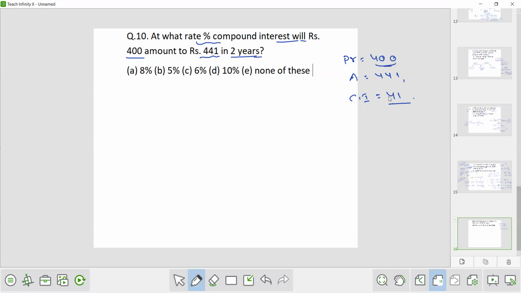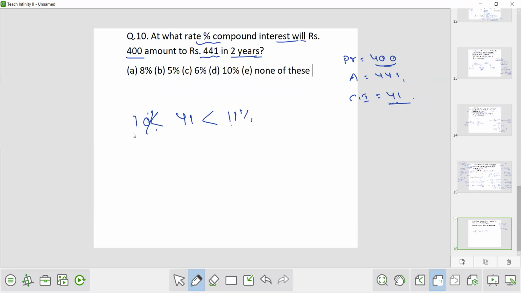If it would be 40, then it would be 10%, but this is 41, so this is greater than 10%. And if it would be 44, then it will become 11%. But this is 41, so less than 44, so it is less than 11%.